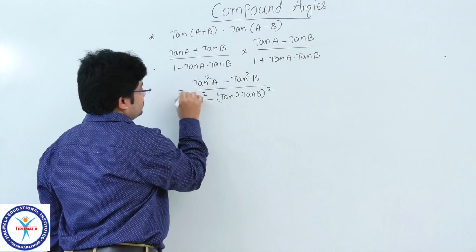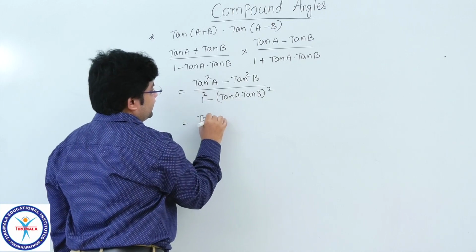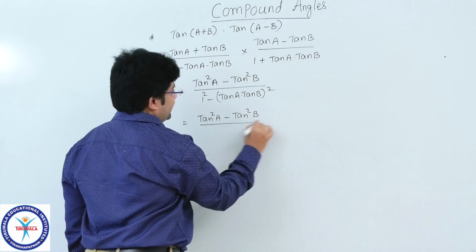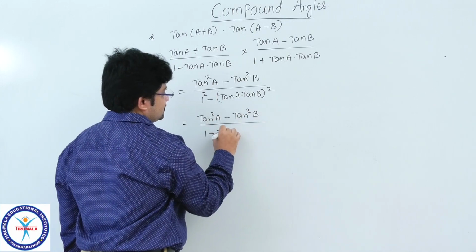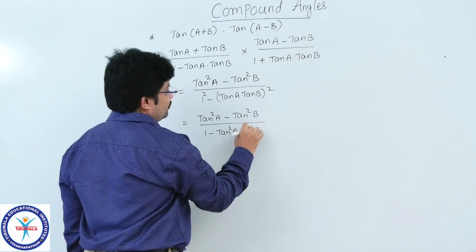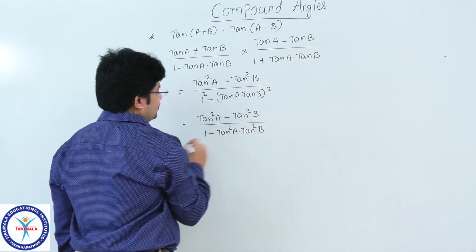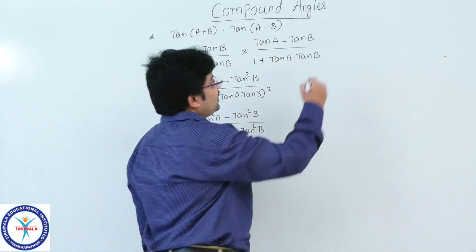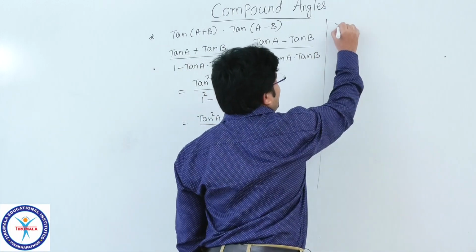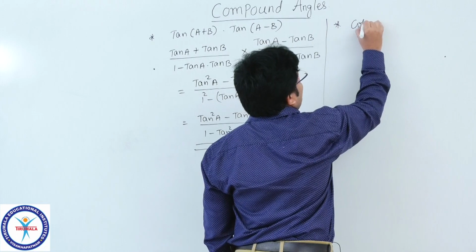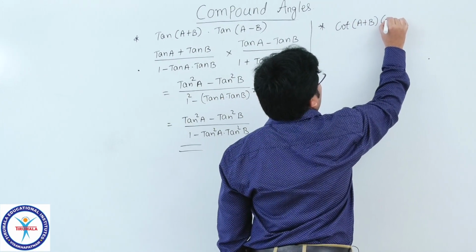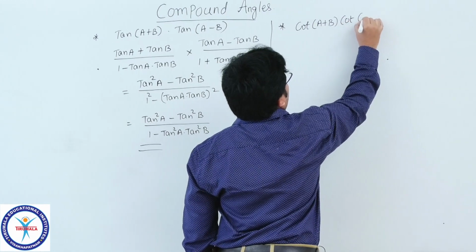That is tan square A minus tan square B by 1 minus tan square A into tan square B. This is one more important application. Another application is cot(A+B) into cot(A-B).